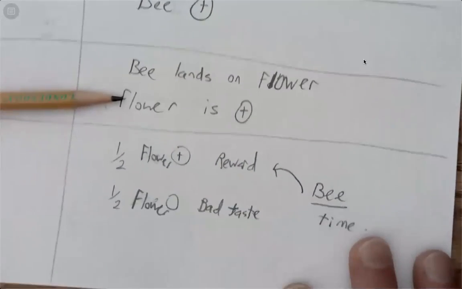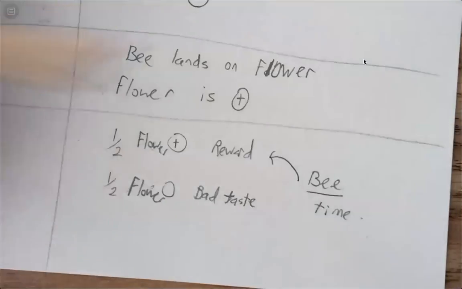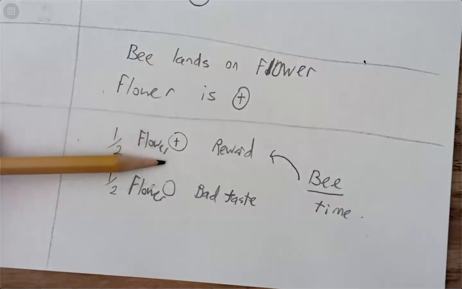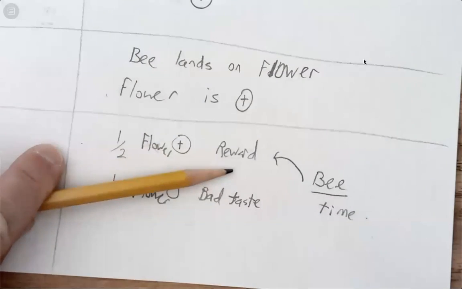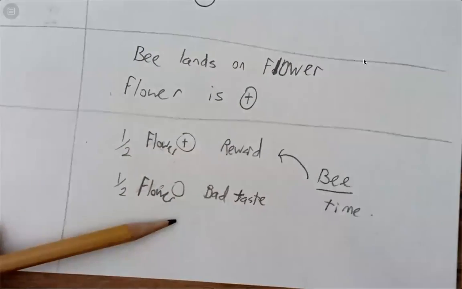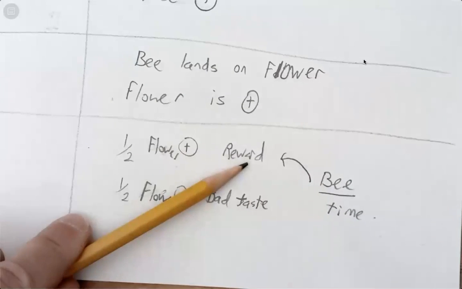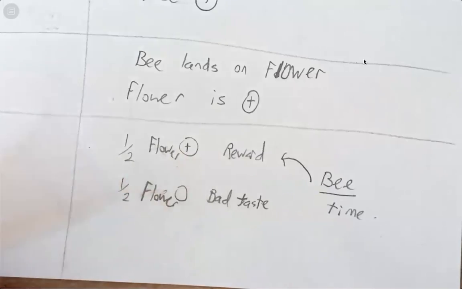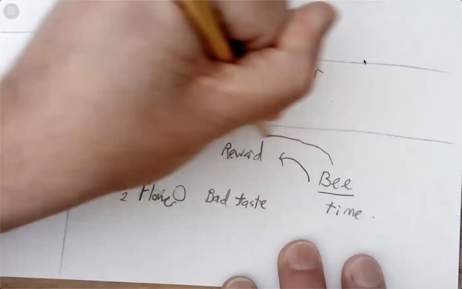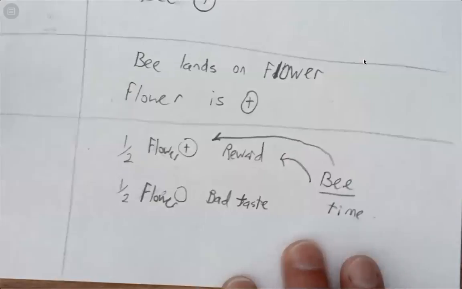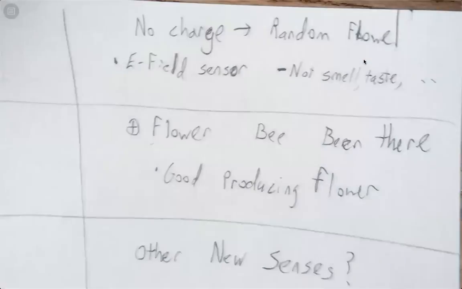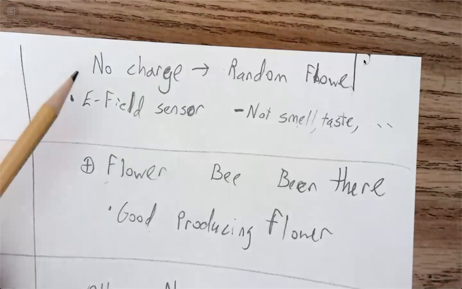Then they created a separate experiment where they charged the flower and put in a sweet nectar. They had another flower that was not charged, and they put in a bitter taste, and the bee went towards the sweet nectar. But really, it was sensing the electrical field, because they did another experiment where they used no charge.